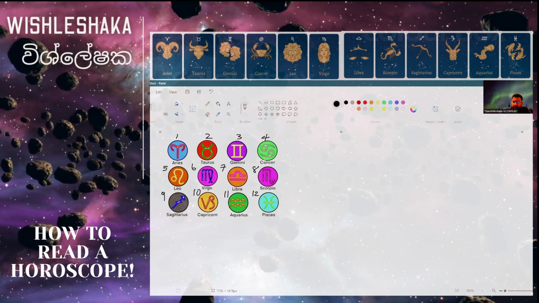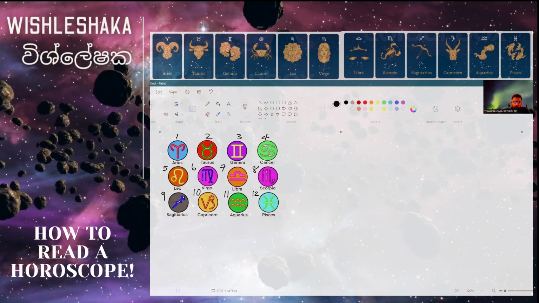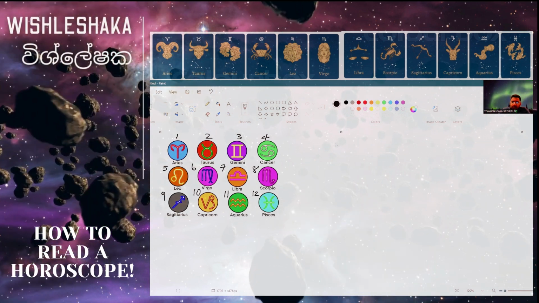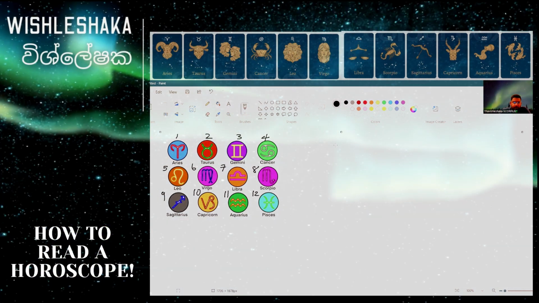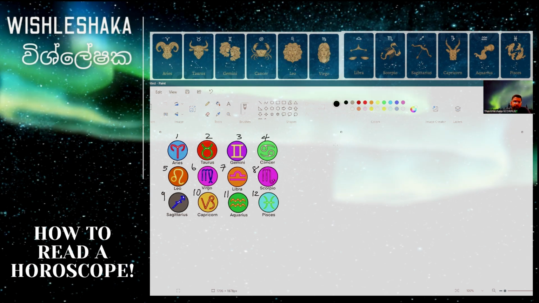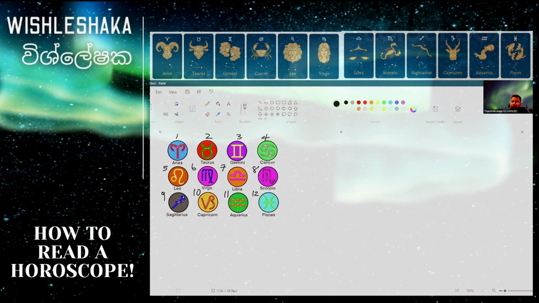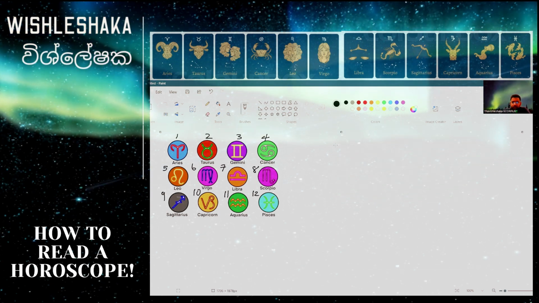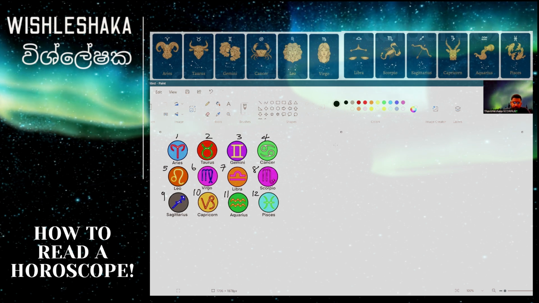So we have 12 signs and all these are in order. Aries is the first constellation. Like if you know the alphabet order, ABC, A is the first alphabet, right? Like that, we have this order of constellations.